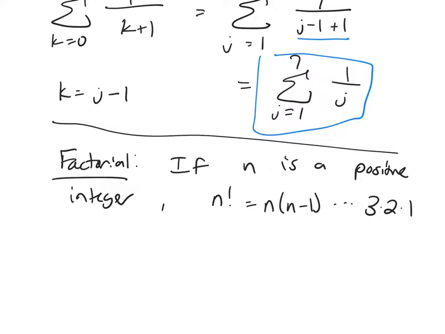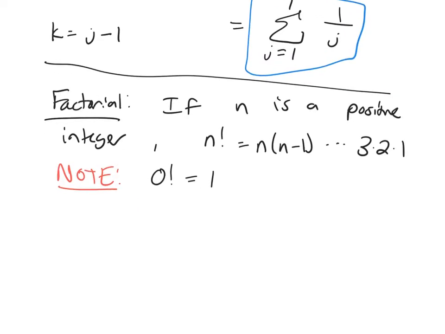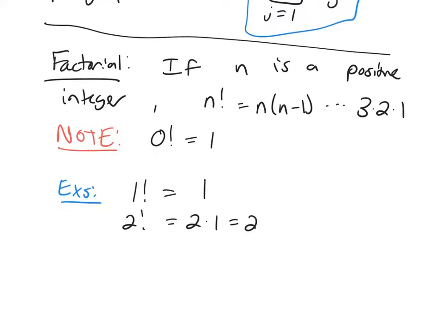One thing I do want to make sure to mention is that 0 factorial is defined to be 1. So let's look at a few examples of factorials. What would 1 factorial be? It would just be 1. 2 factorial would be 2 times 1 or 2. 3 factorial would be 3 times 2 times 1 or 6, and so on.